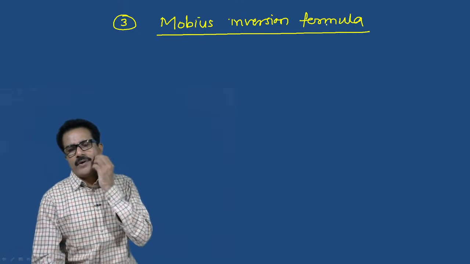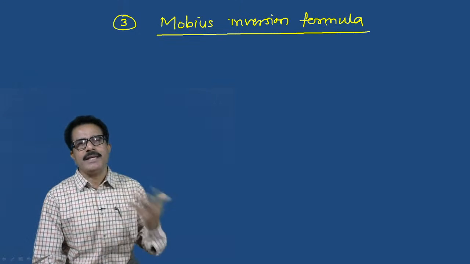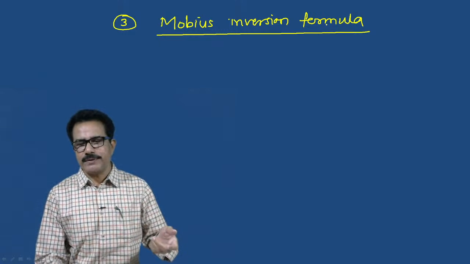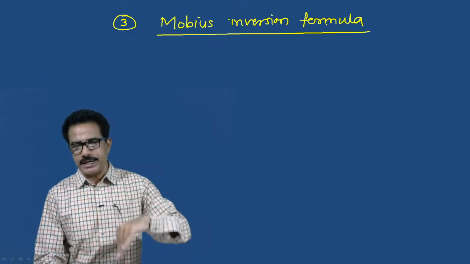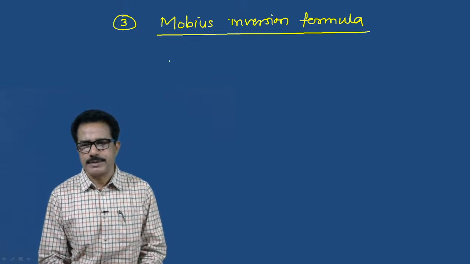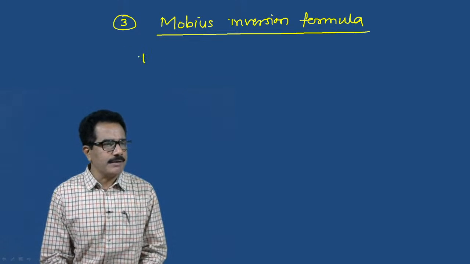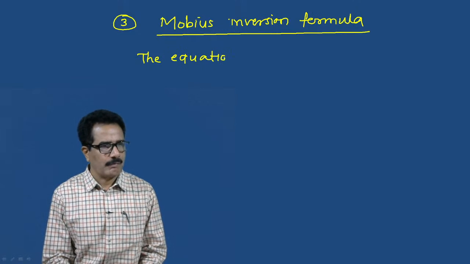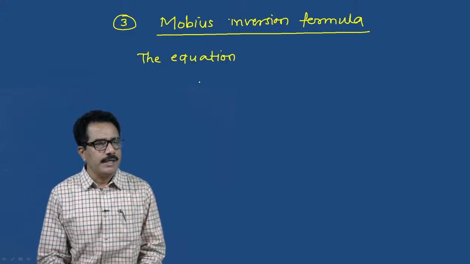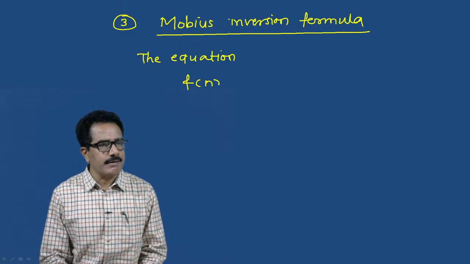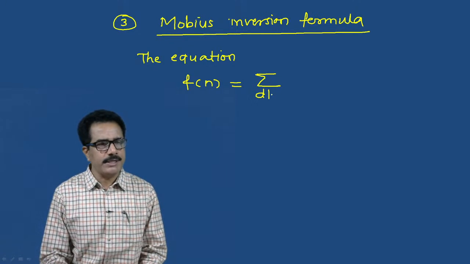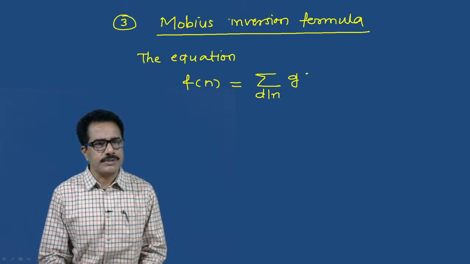Now, the definition of the Mobius inversion formula. Actually, there are two functions in the Mobius function which satisfy the condition of the inversion. See here, the equation: f of n equals the summation over d divides n of g of d.